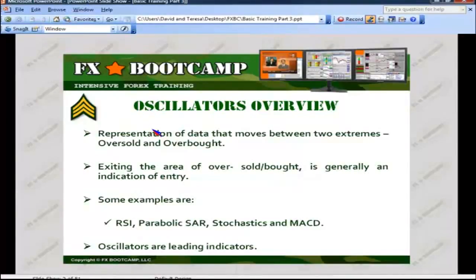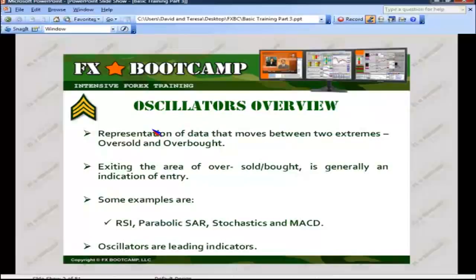What they effectively do is show us overbought and oversold conditions in the market. Exiting an area of oversold or overbought is generally an indication of entry. Some samples are RSI, PSR, stochastics, and moving average convergence divergence, otherwise known as MACD.